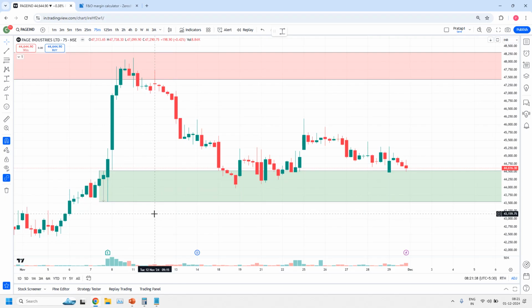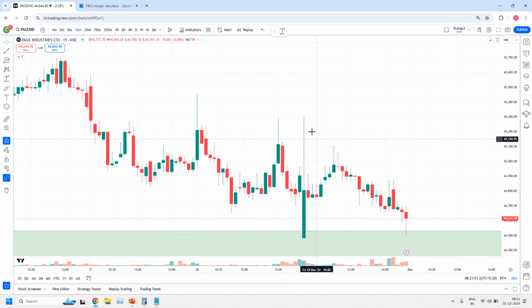So those things we will be learning. Because the risk is very high in this zone, let's go to fine tuning the zone to minimize the risk.